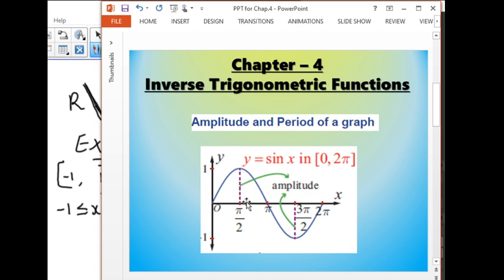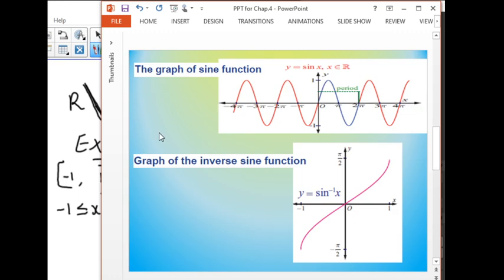And what is period? The period is the distance covered for the function to complete one full cycle. So, here it's one full cycle from 0 to 2 pi. 0 to 2 pi gives you one complete cycle, therefore it is called a period.